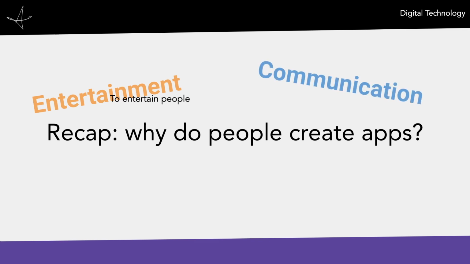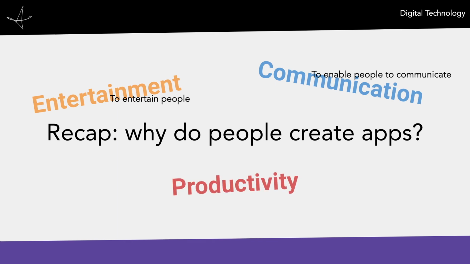You might create an app for communication. So when you're creating an app for communication, you are enabling the user of that app to contact or share information with somebody else. You might create an app for productivity. So an app for productivity is something that a user can use to make it easier for them to work.